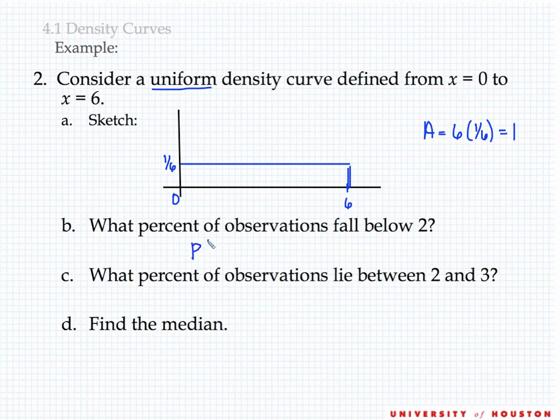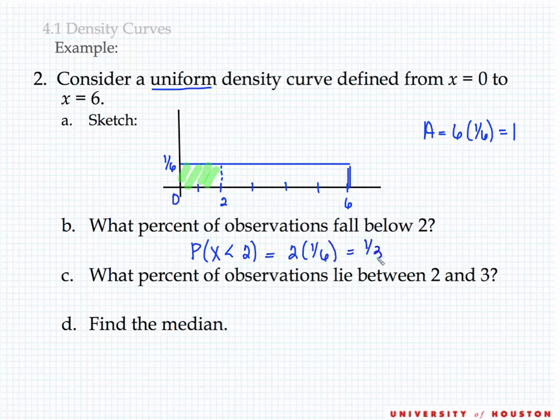So what percent of observations would fall below the x value of 2? I'm looking for the x values that fall in this region. Well, our width is 2, our height is 1/6, so that would be 1/3, or 33.33%.